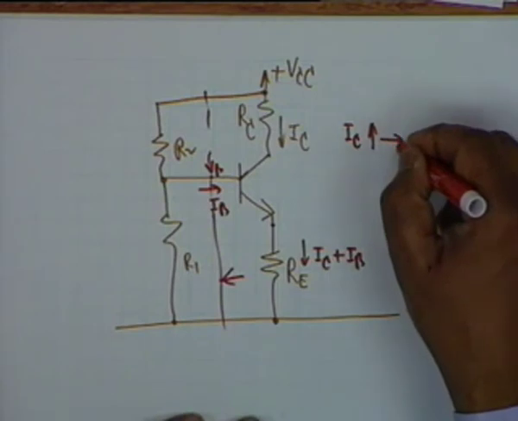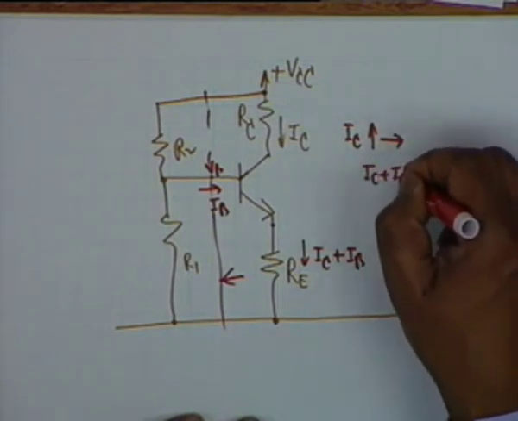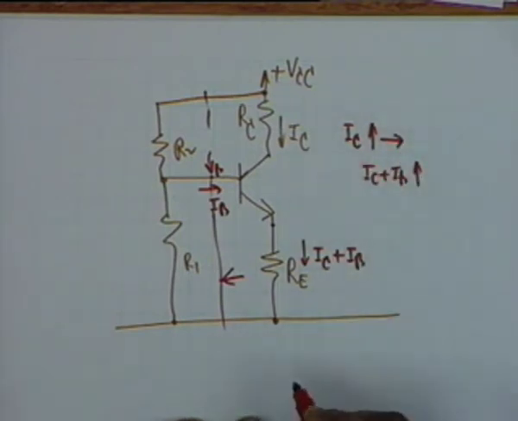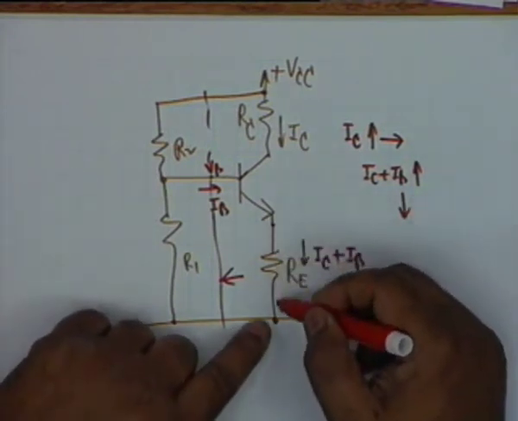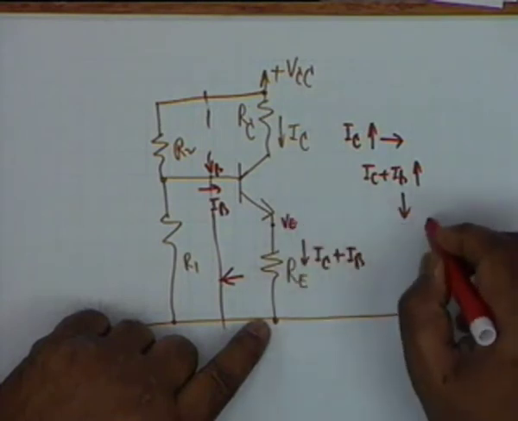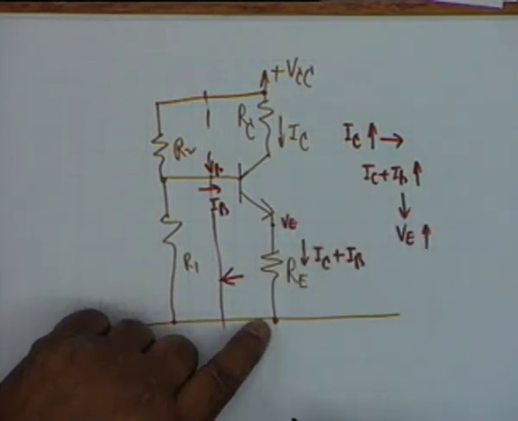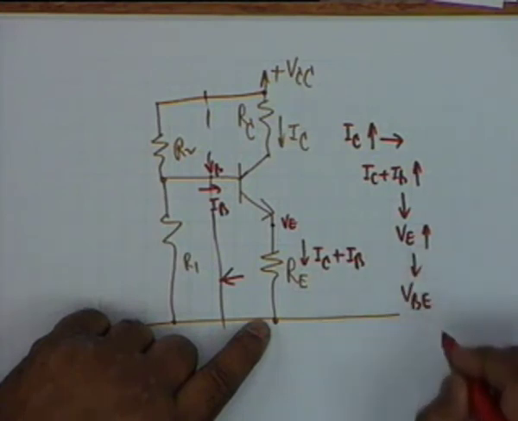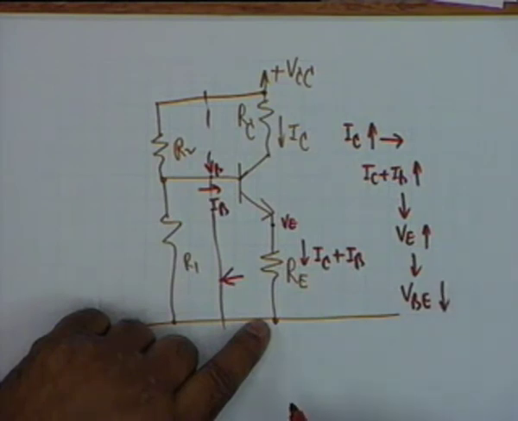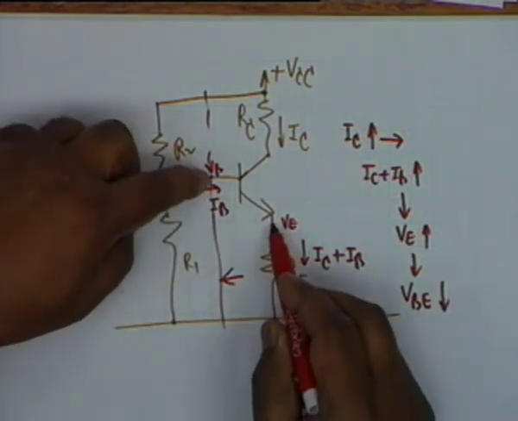If I sub C increases, then I sub C plus I sub B also increases. If that increases, what happens? The drop across RE, you call this VE, increases. If VE increases, then what happens to VBE? Decreases. Isn't that right? VBE, this drop, shall then decrease.